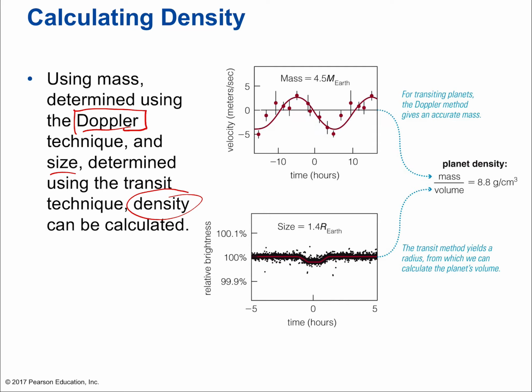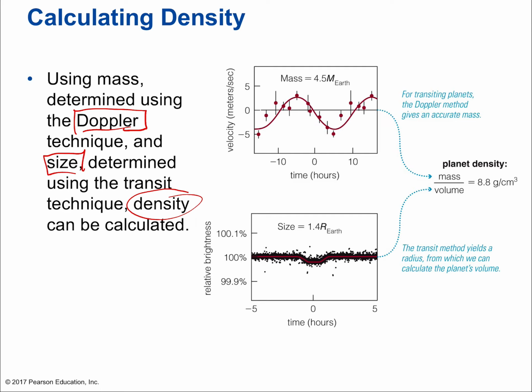So we can calculate the mass that way. And then the transit data, that drop in brightness, can tell us the size of the planet, because the size of the star is known based on models from the Hertzsprung-Russell diagram, basically the big periodic table equivalent of astronomy, something we'll get into more in later chapters.